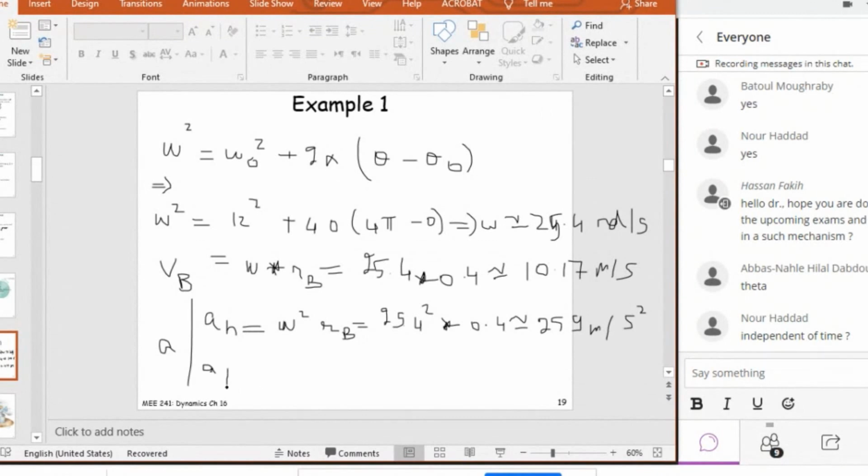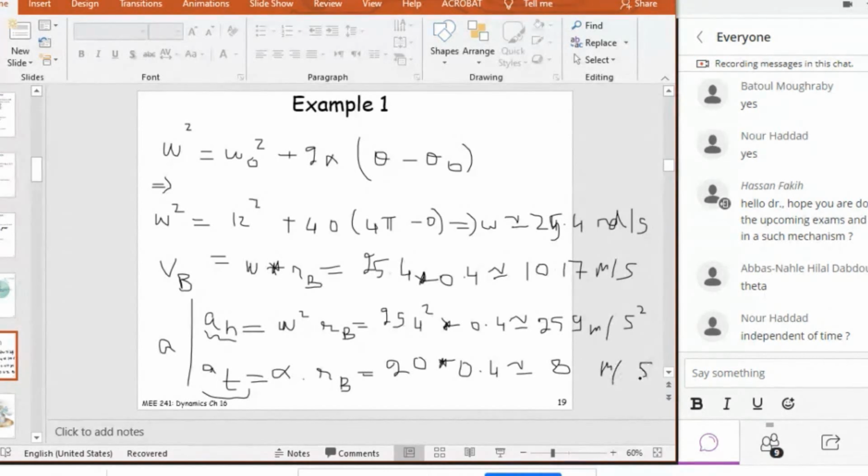And now A tangential will be equal to alpha times RB, right? And this stands, of course, for the change in the velocity magnitude, while the normal one stands for the change of the direction. So it's 20 times 0.4, which is, of course, 8 meters per second squared.